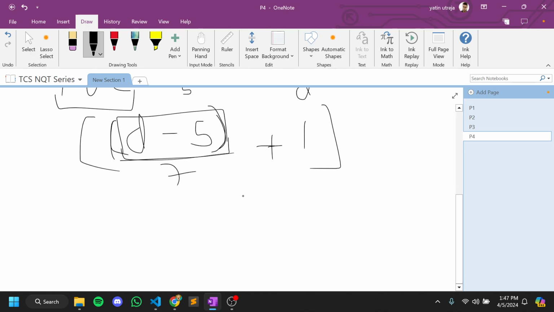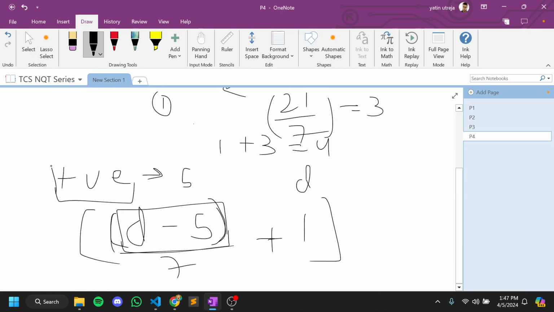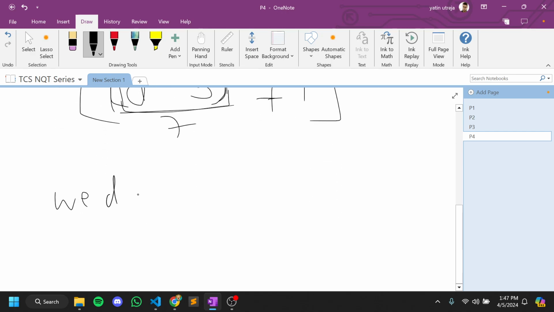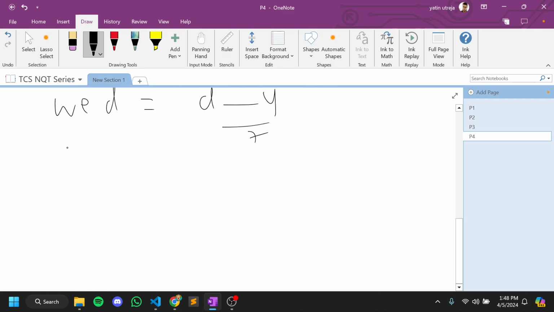So for Tuesday we need to subtract 5, for Wednesday we'll need to subtract 4, and for Thursday it will be 3, for Saturday it will be 1, and for Sunday it will be 0 only.